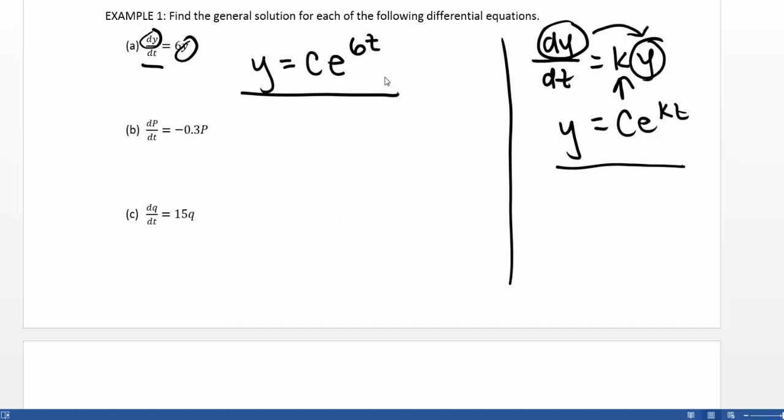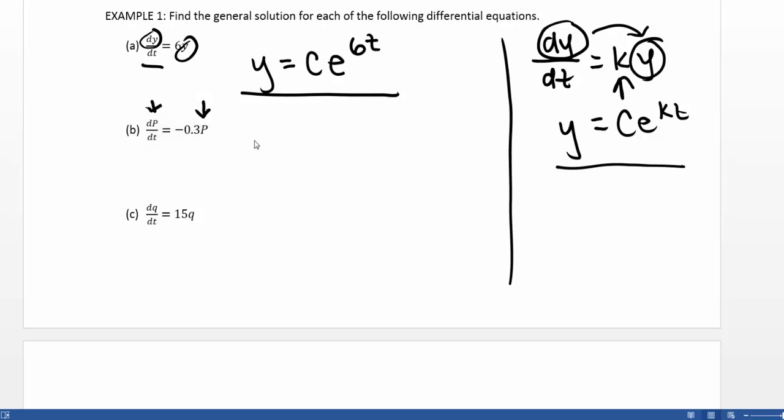Let's try part b. We have dp/dt equals negative 0.3p. Again, I'm checking to see if the dependent variable is the one on the right, and it is. The top of my differential equation matches. So now I can set up my general solution.